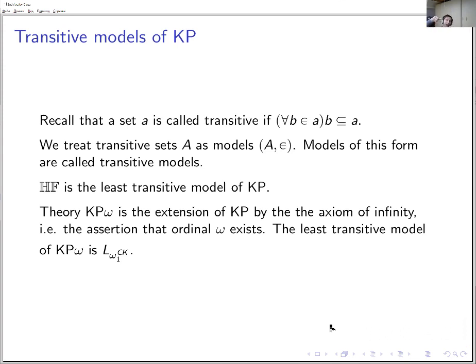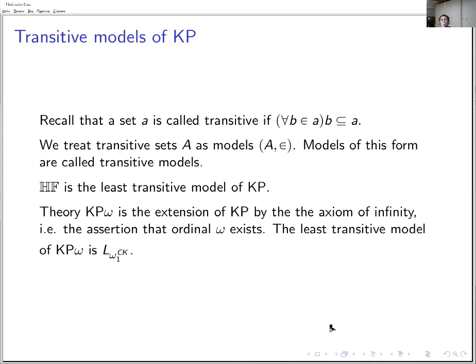Then we have a sigma 1 function such that its range is cofinal in the ordinals.